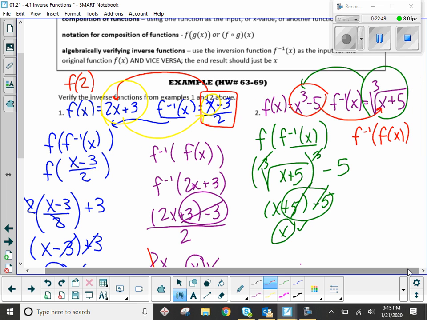This is another example of you're going to feel like you did it right, and you got x, and then I'm going to circle it for incorrect order of operations. So let me show you how this goes. I've got my x cubed minus 5 in place of the x, and then plus 5 right there.